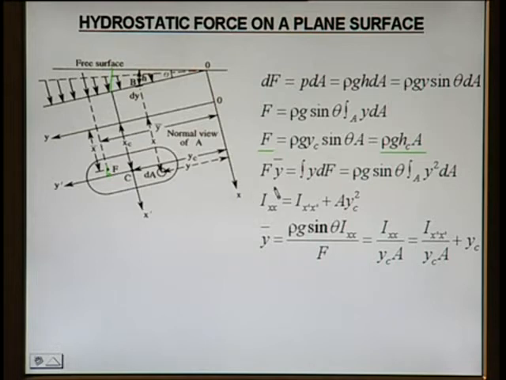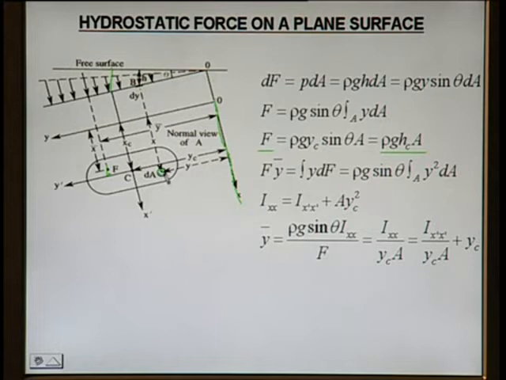So what we do, we take a moment of the resultant force about OX, and we take the moment of the forces produced by the force acting on the small elemental strip.